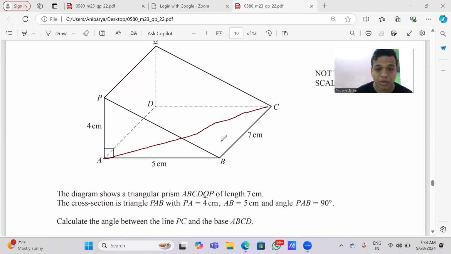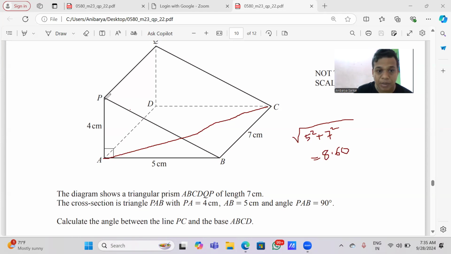So how do we find out AC? AC equal to what? Hypotenuse or diagonal. If you consider ABC as a triangle, then it is root over of 5 square plus 7 square. So the value is 8.60. Clear?